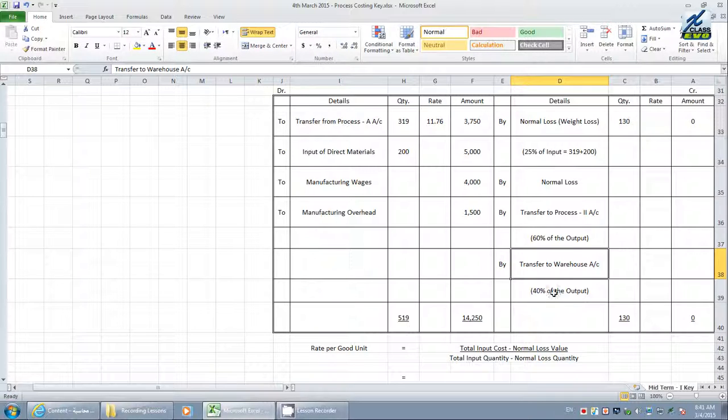Output, how much value is output, you have to take into consideration. How we will get output? Output, let us see here, that is nothing but total input, and then minus normal loss of weight.